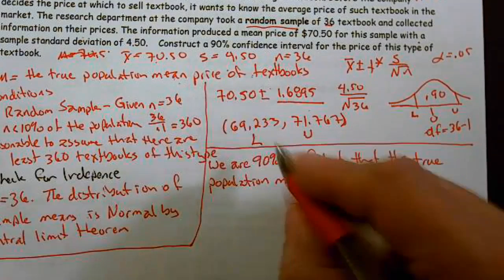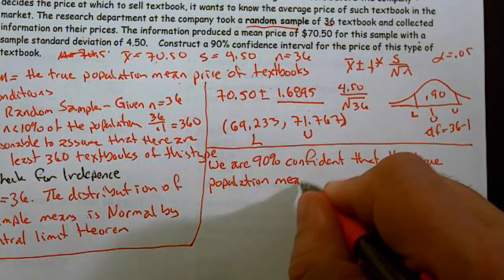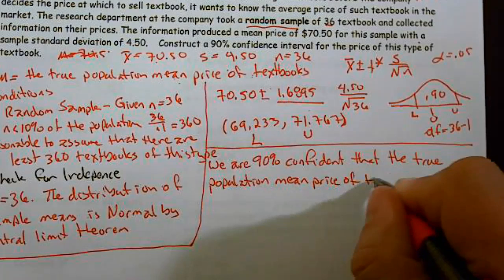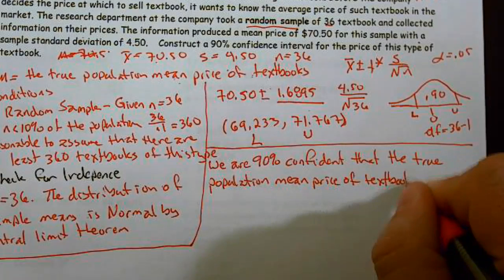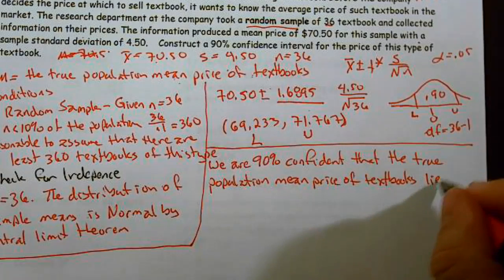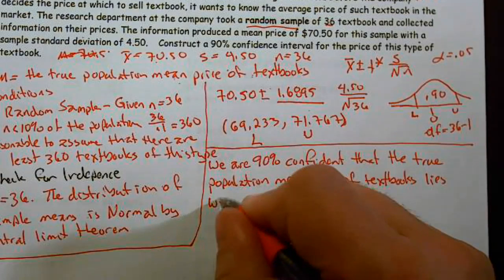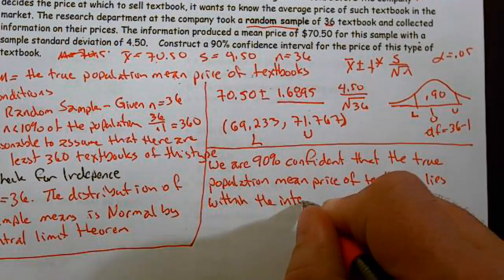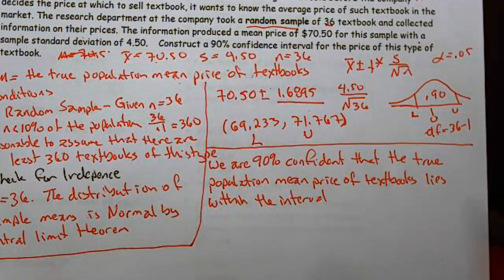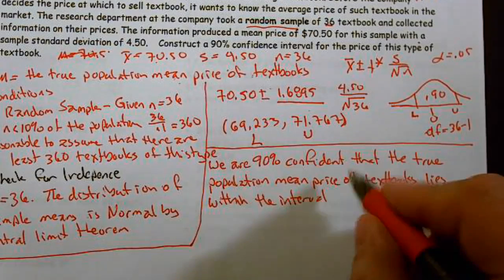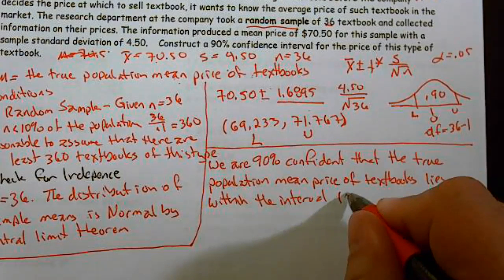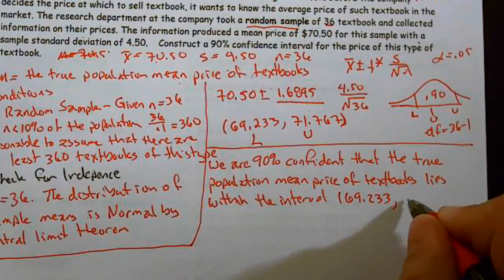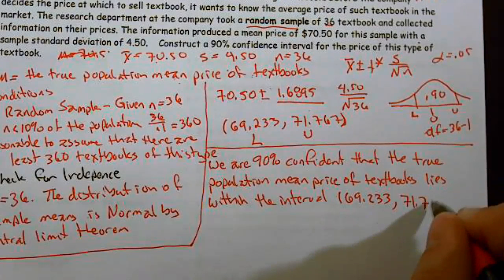True population mean price of textbooks, lies within the interval, and then we write our interval, 69.233 and 71.767.